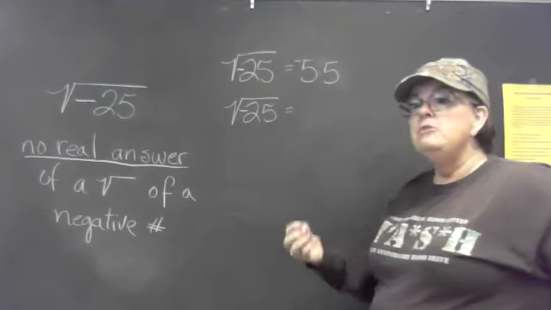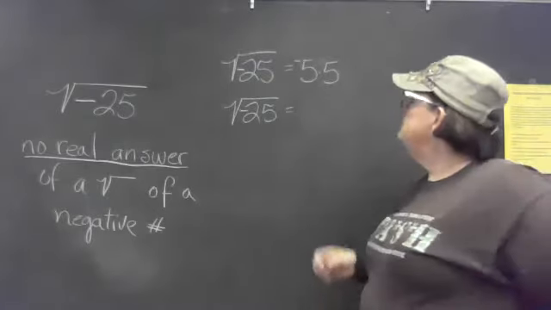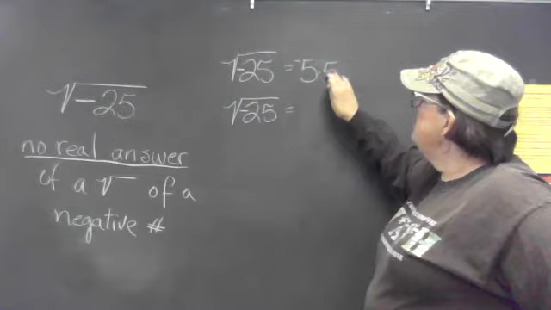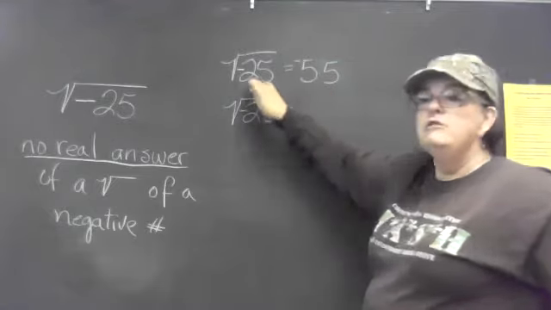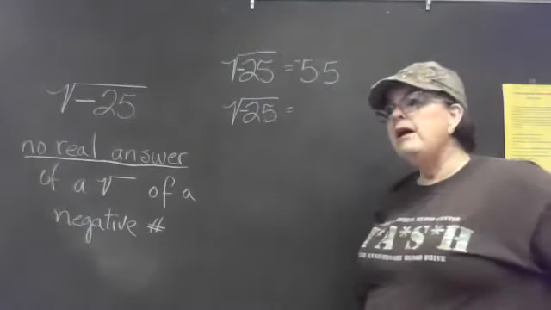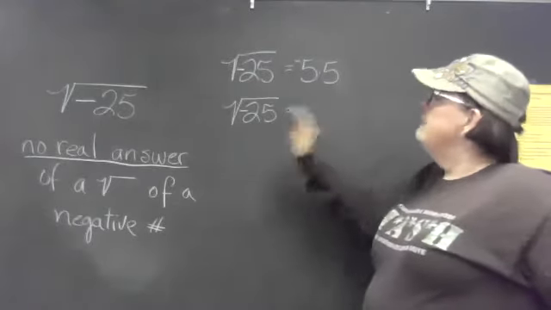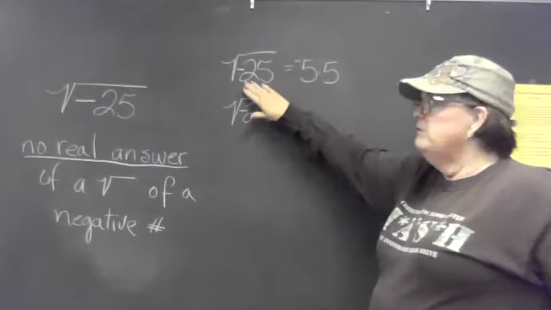What I'm leading up to is that there is not a way that you can find a number times itself that will give you negative 25. Not going to happen. That's why you cannot find the square root of a negative.